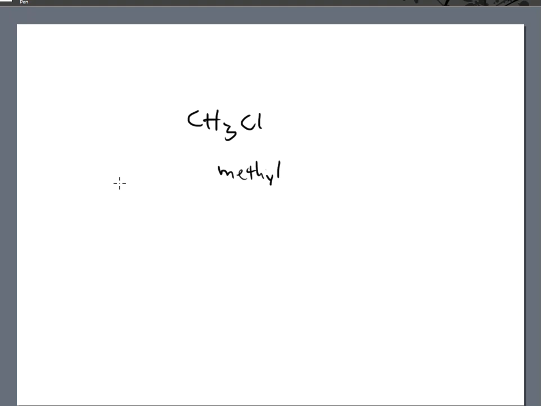So methyl. And then we name the halogen, which in this case is chlorine, but we drop that ending and we add an IDE. So this is going to be called methyl chloride. And this is the common name for that structure. Methyl chloride.